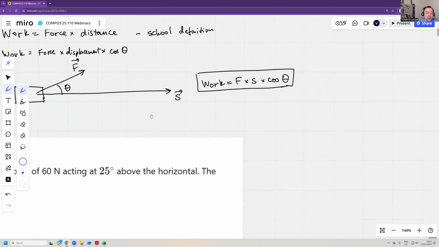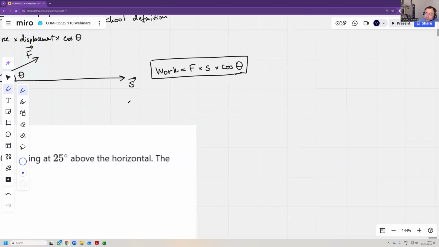And that comes to our very important work energy principle. It looks like this: the change in kinetic energy of an object is equal to the total work done on that object.